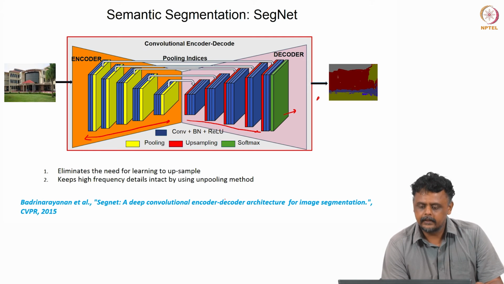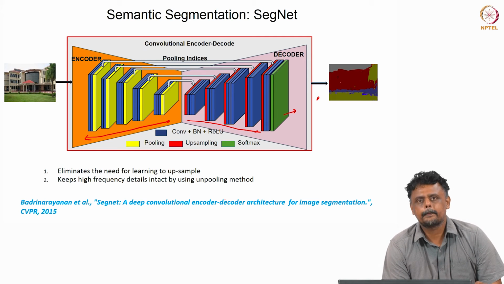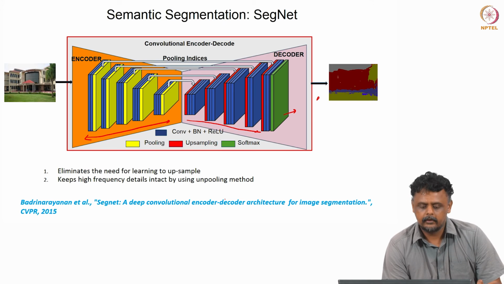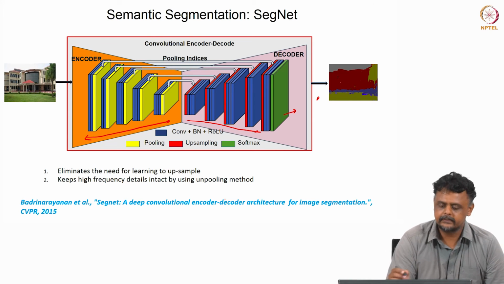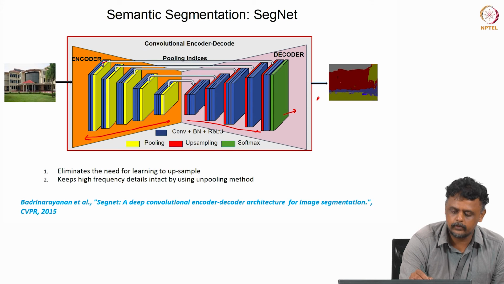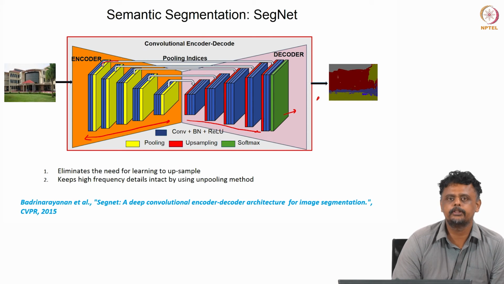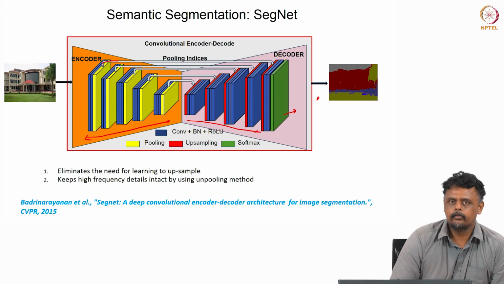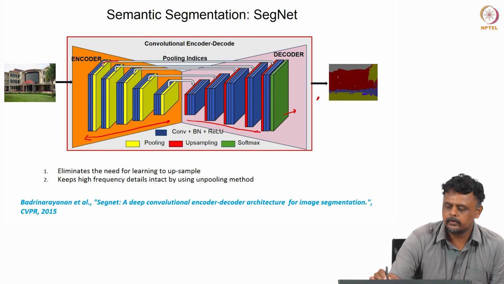So this encoder decoder structure is what is typically used for semantic segmentation. The advantage here is that there are these connections, we'll look at what these are, which take input from the earlier layers in the network and then pass them on to the corresponding layers in the decoder.